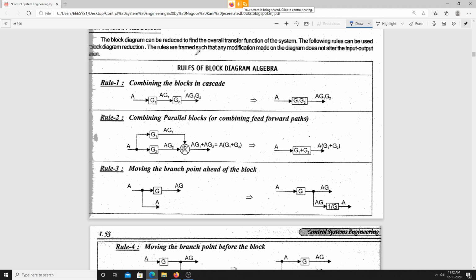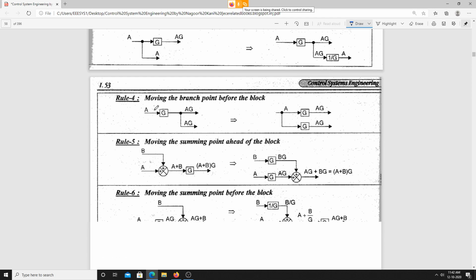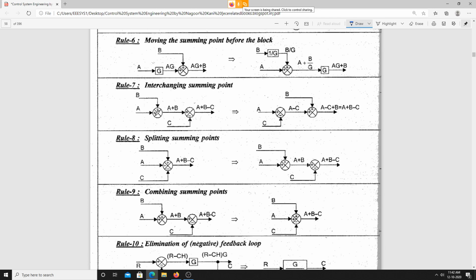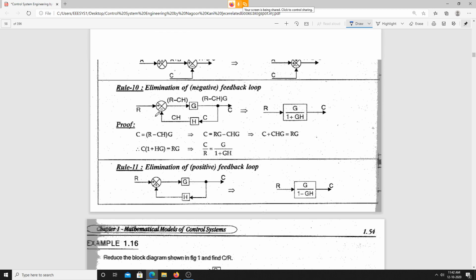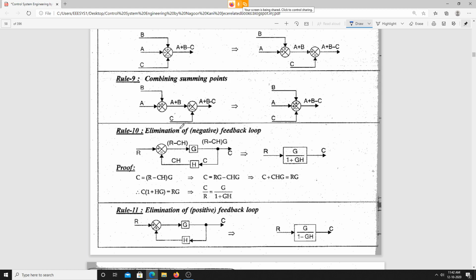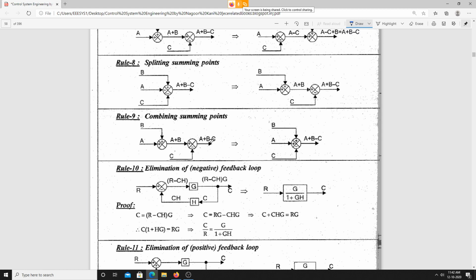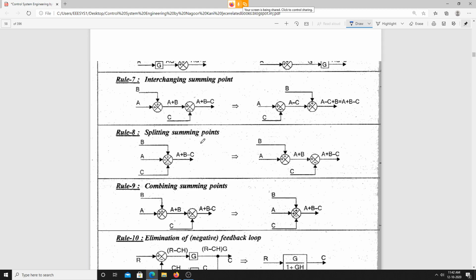In total, we have 11 rules. If you have good knowledge of all these 11 rules, it is very easy for you to reduce the block diagrams and find the overall transfer function.